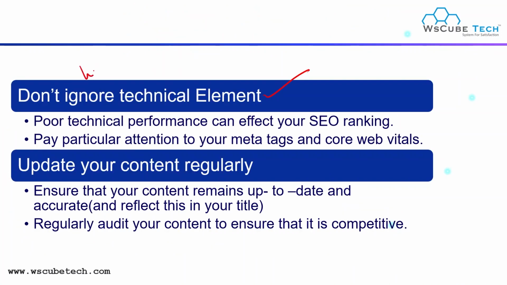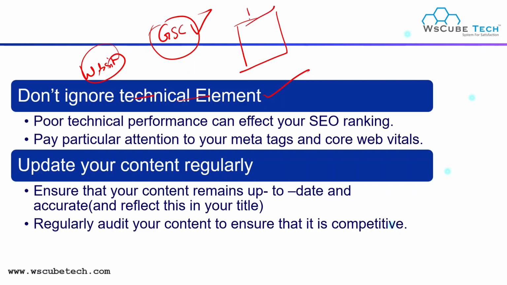Next, don't ignore your technical elements. To monitor our technical elements for our website, we can take help of our Google Search Console. In our Google Search Console, we can monitor every technical element. For example, let's suppose this is your blog post and due to some technical error, any server error or any kind of error, your page is not ranking.